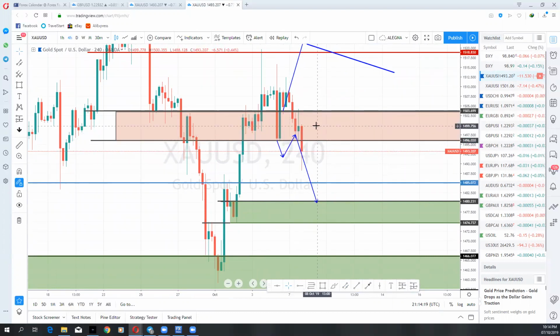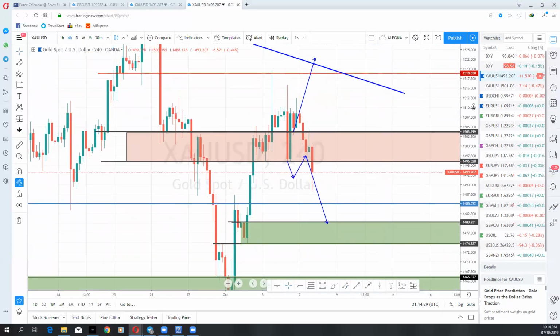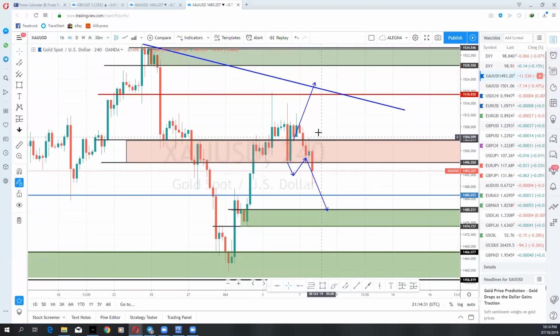If it retests this zone and drops out, you'll be looking for the same setup here. As long as it doesn't go back above 1503.69, it will continue bearish. But should it close back above 1503.69, you might see a higher move on this pair.